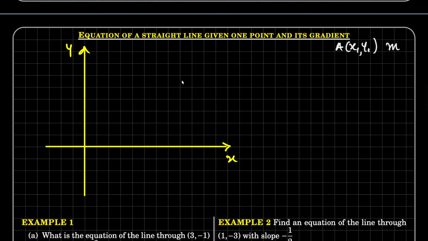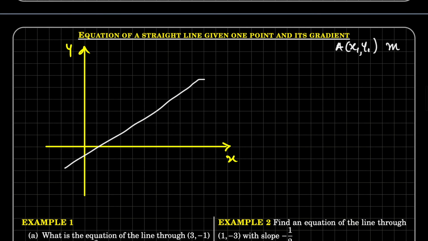So how do we make sense out of that? So let's say we have another straight line and we are still going to continue to use that formula for gradient, y2 minus y1 over x2 minus x1, okay. So how do we go about that? Let's draw our line again, okay.